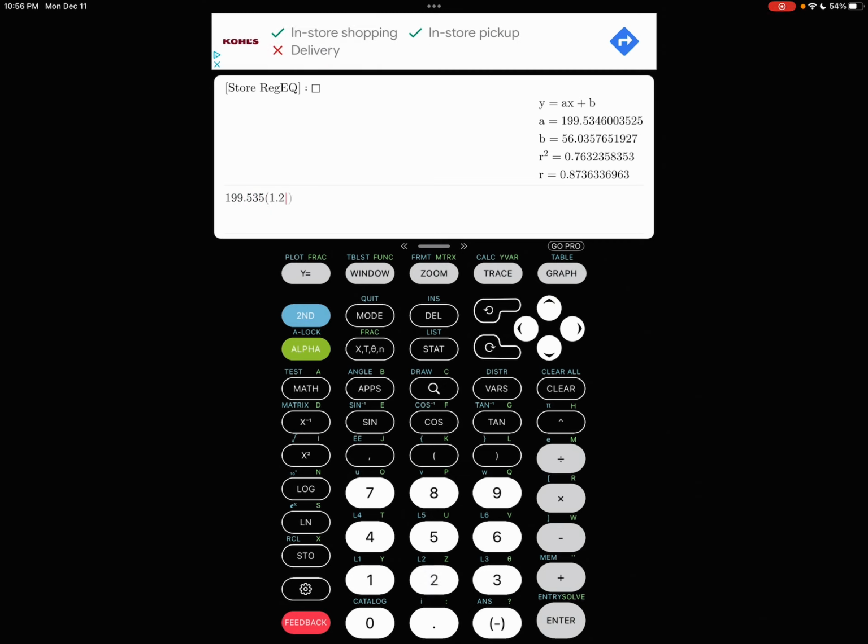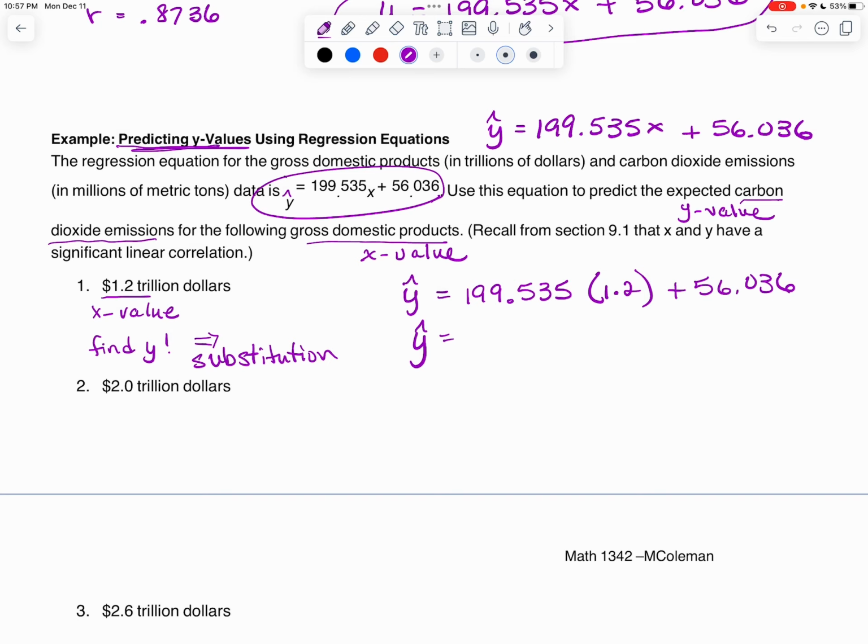So again, let your calculator even do the substitution for you. So we end up with y hat equaling 295.478 million metric tons of CO2 emitted.